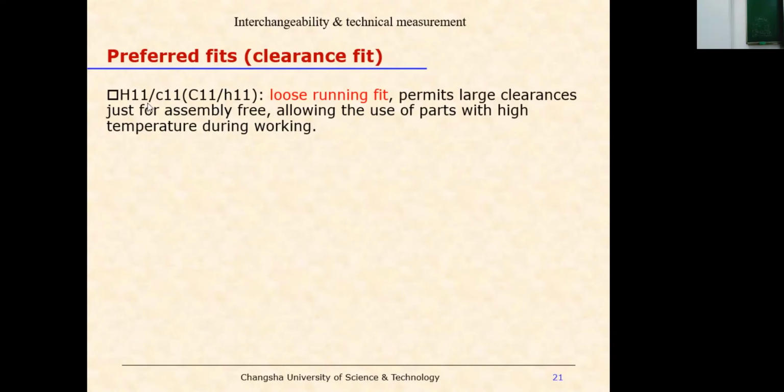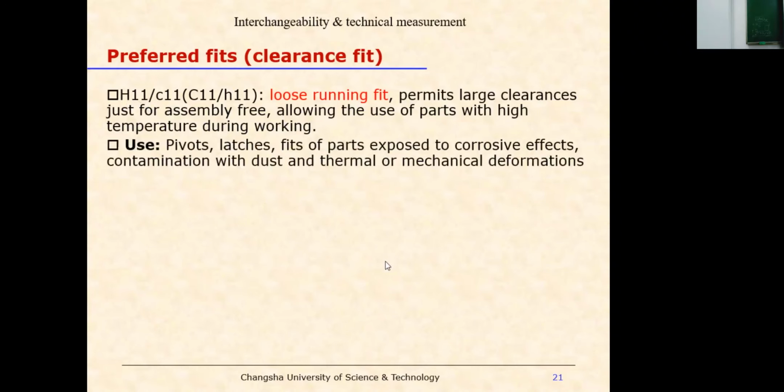So we use this IT grade, H11 or C11, the loose running fit, usually used in pivots, for parts exposed to corrosive effects, contamination with dust, and thermal or mechanical deformation. So the part can deform a lot, and then we use the H11 and C11 loose running fits.